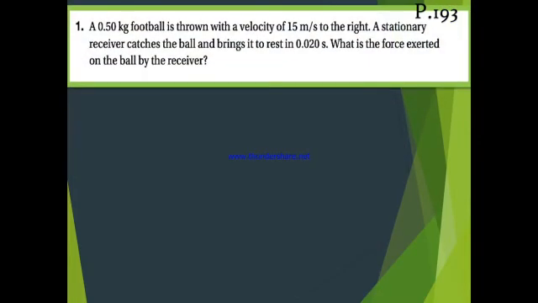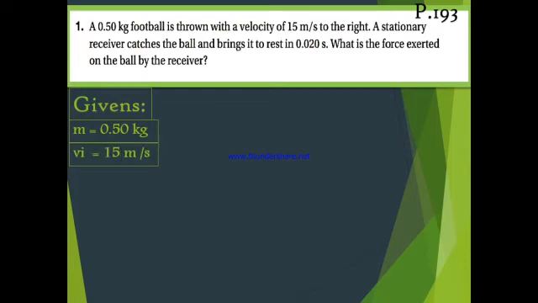Let's move to the book problems, page 193, question number 1. A 0.5 kilogram football, this is the mass, is thrown with a velocity of 15 meters per second to the right. So this is our initial velocity to the right. A stationary receiver catches the ball and brings it to rest in 0.020 seconds.